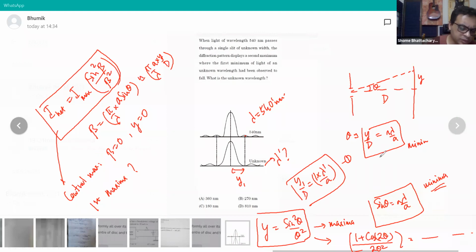Okay, at a glance, I'm not able to recall the value, but there is some value of theta, or in this case, this beta, for which you will get the maxima.